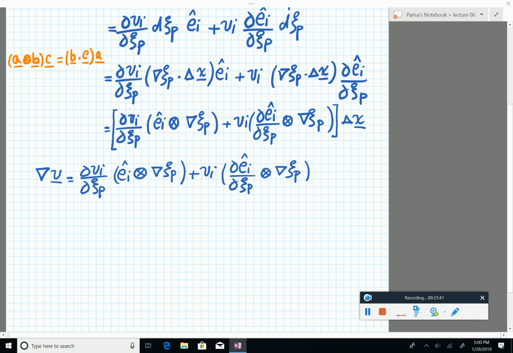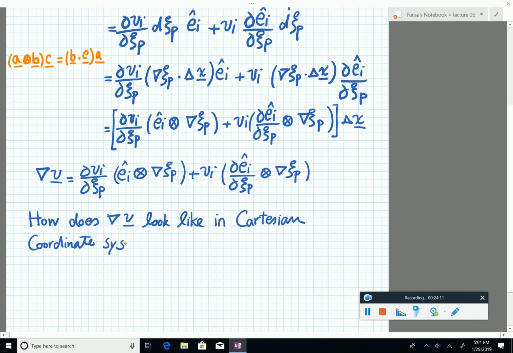Try to see how it looks in the Cartesian coordinate system. It looks kind of unfamiliar.